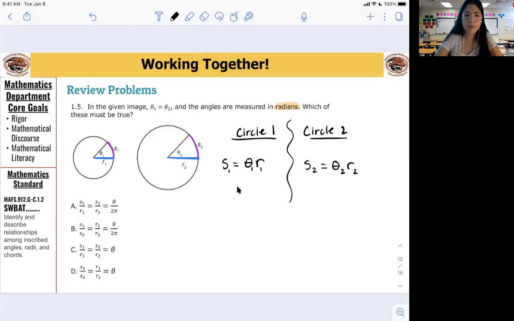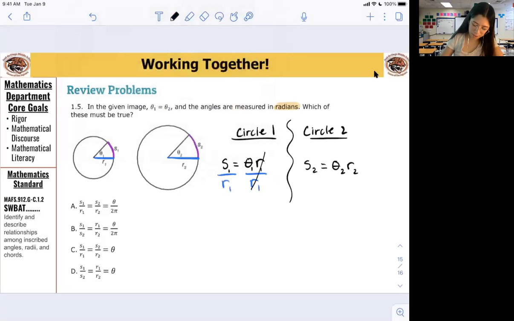Let's rearrange this formula to get theta by itself. If I want to get theta by itself, what would I do to both sides of this equation? Divide by R1.